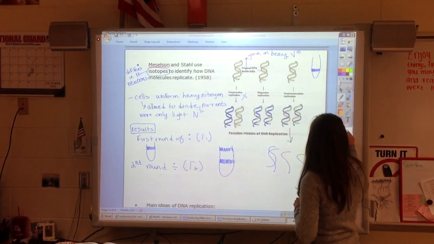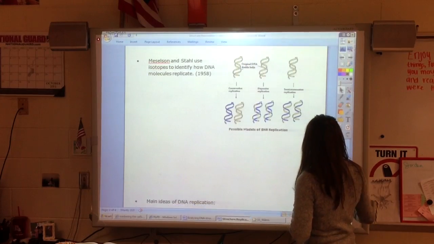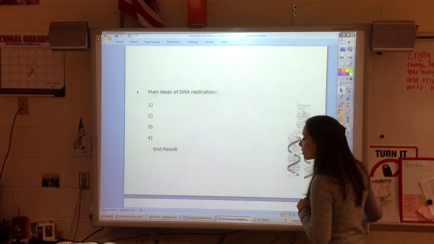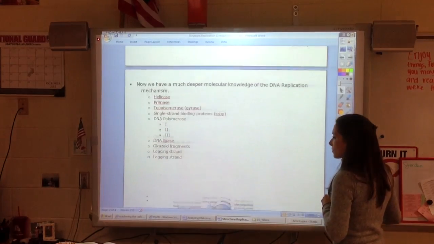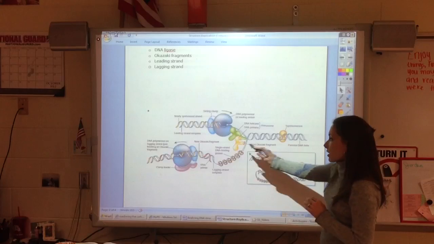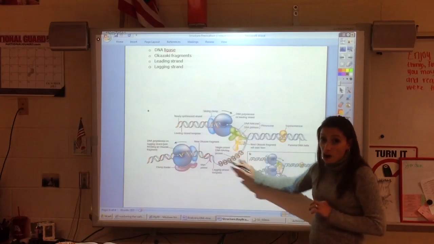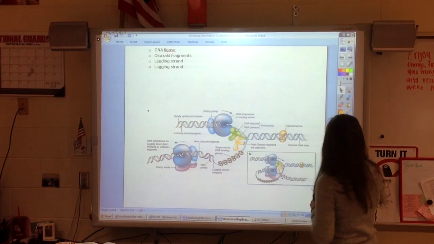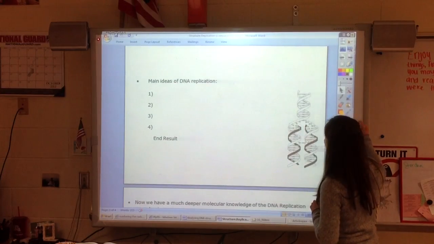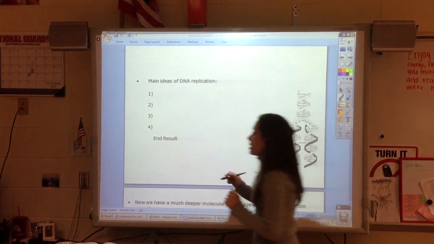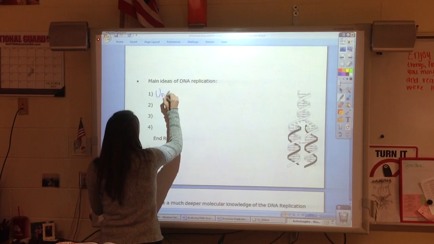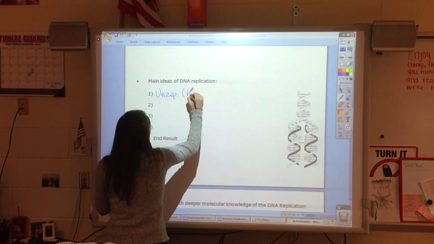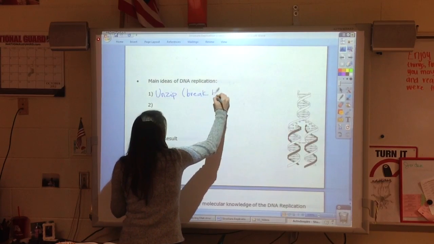Now there's a lot more to know about replication. I want to give you a little preview into that. There's a whole schematic down here that's going to show how molecularly this actually happens. So we're going to get into that next time. But the main idea is that we're going to unzip, which is breaking the hydrogen bonds.